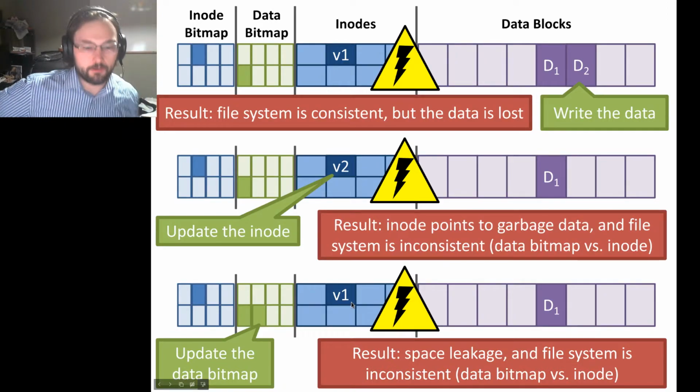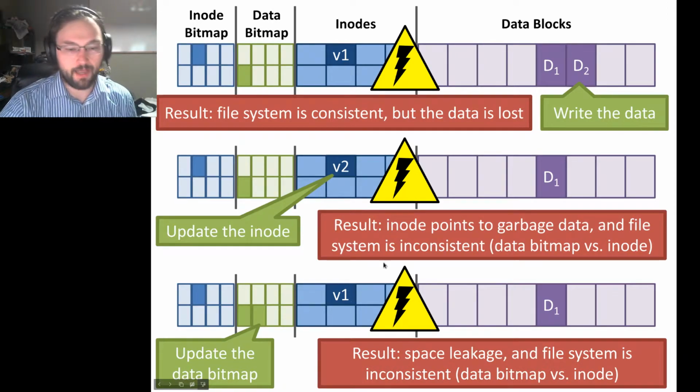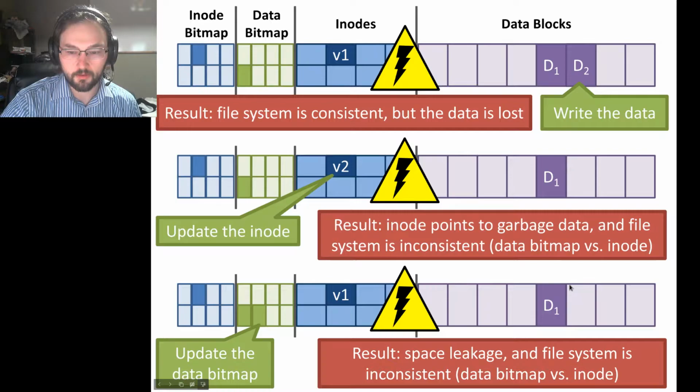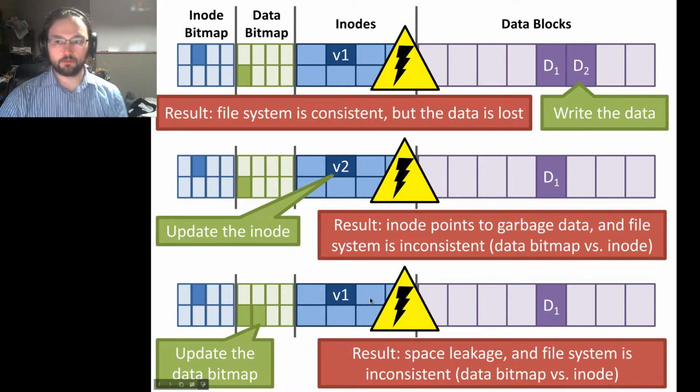And not updating the inode has the interesting property that the file doesn't know that it's bigger now. That means it doesn't know that it's the one who owns this, which means that even if we later delete this file, that won't result in deallocating this block.